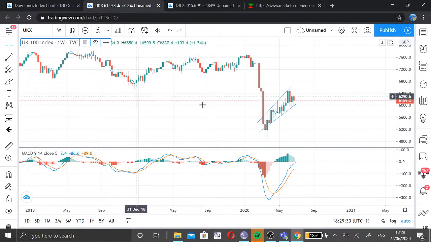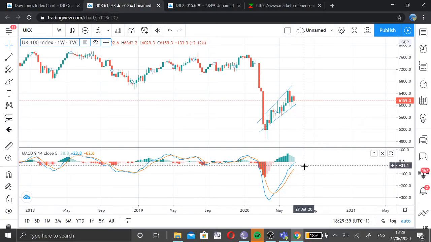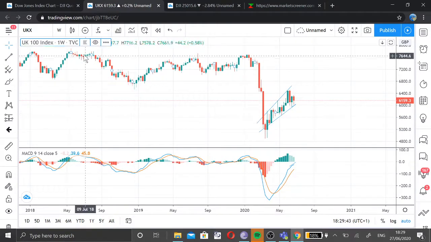So we may see some choppy trading over the next couple of weeks before the weekly chart turns really bearish, and then we can expect a move down.